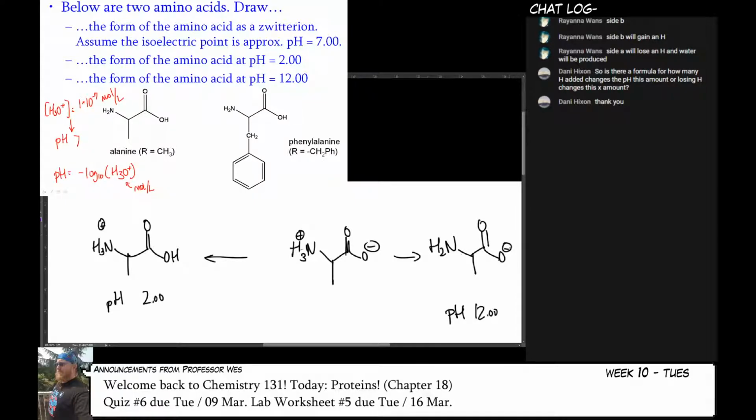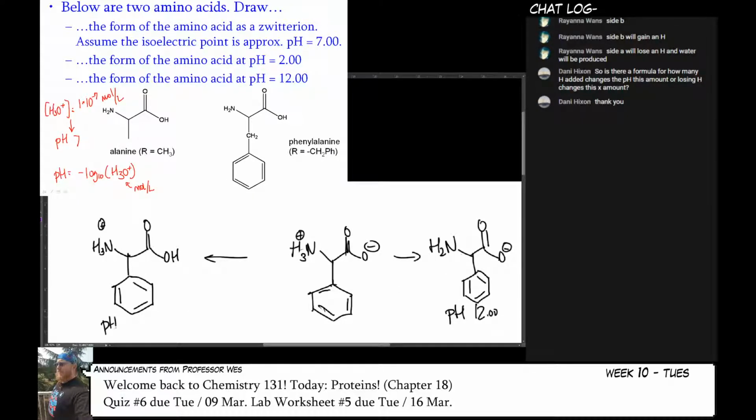All right, so there's our answers for alanine. And then for phenylalanine, really the only difference that I need to make here is I just need to do this. You'll notice that I put the double bonds in different spots.